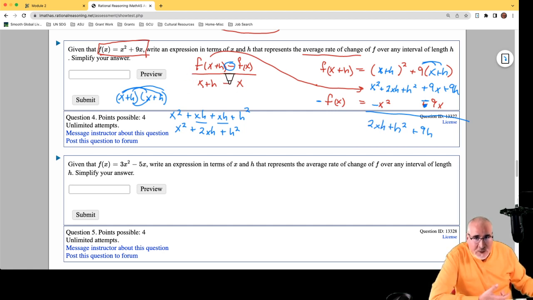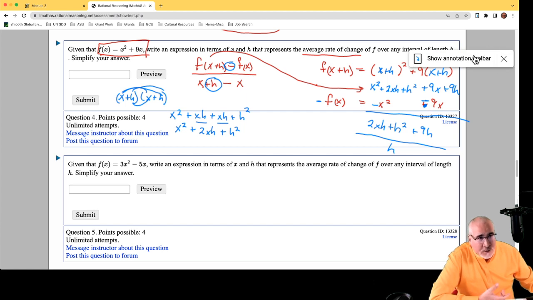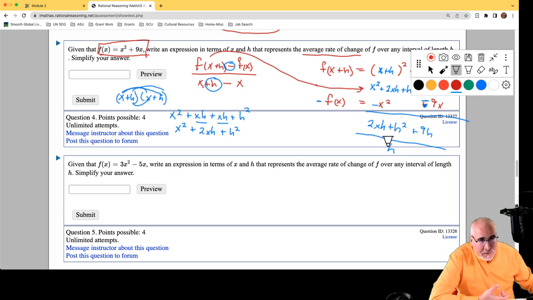And what I just need to do now is put it over the denominator. And while I do that, positive x minus x, that becomes 0. All that's going to be left is this h. So that's all over h. Now I'm not quite done because each of the terms in the numerator has an h. So what I'm able to do is to distribute the division of the h from the bottom into each of these.